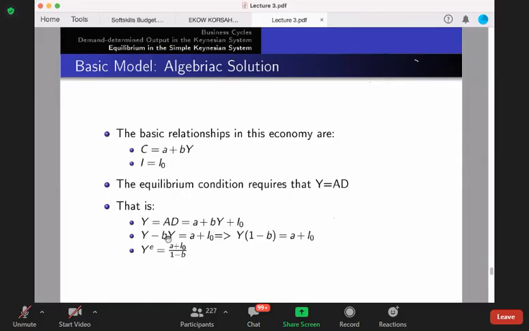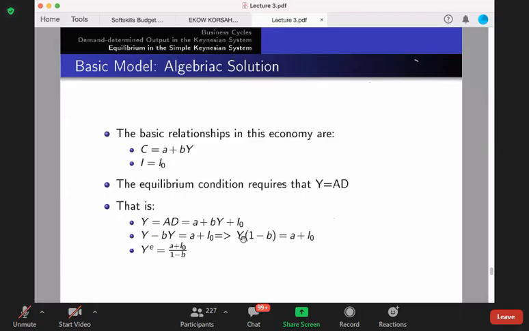Okay, so we are saying that Y should be equal to A plus BY plus I naught. Now, in this next equation, what happens is this. BY is moved to the left-hand side. If it moves to the left-hand side, it becomes minus BY. And what is left is A plus I naught. All right? Then we can rewrite this left-hand side of the equation.